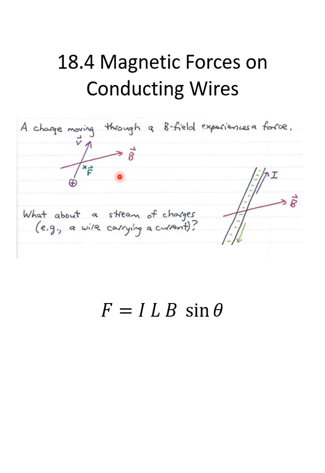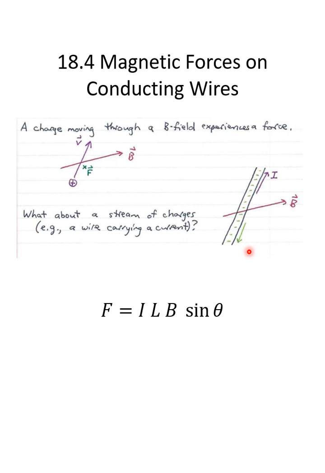Now I want to think about a collection of charges moving in the same direction. So as I've written, a stream of charges, for example, a wire that is carrying a current. It's going to have the same effect, in the same direction as we learned with a single charge. Look at this picture that I've drawn. Here's a wire, and I've drawn the current going up and to the right, but remember that it's actually a stream of negatively charged electrons going down and to the left.